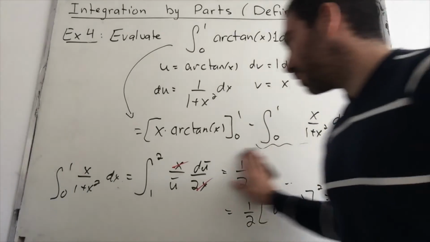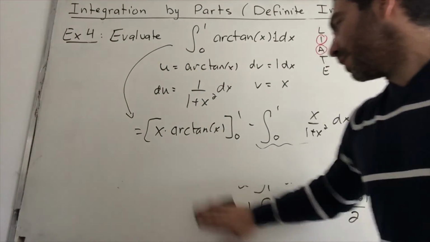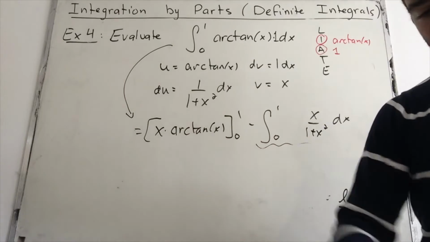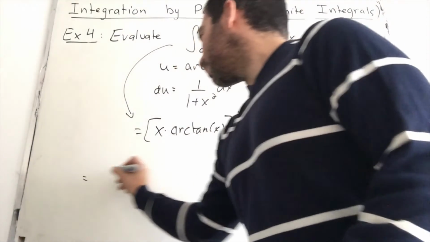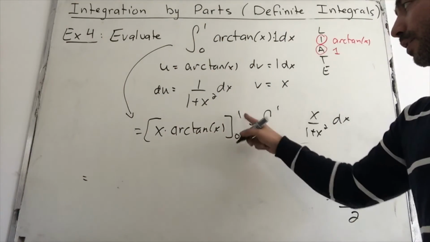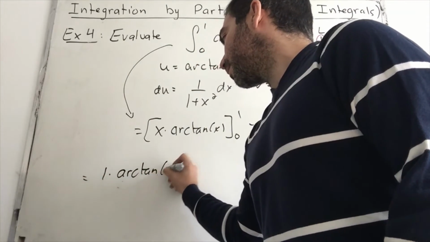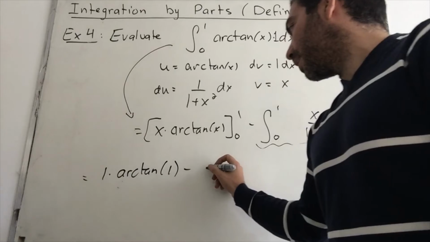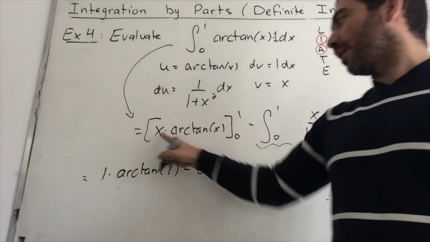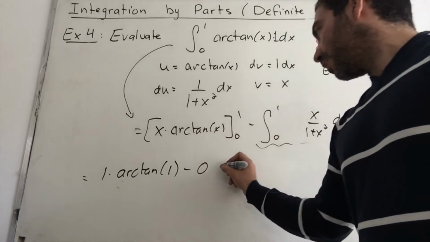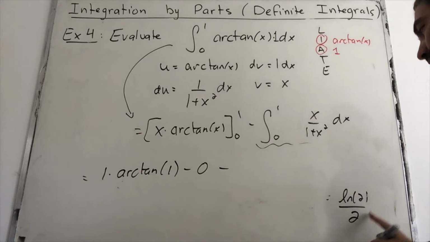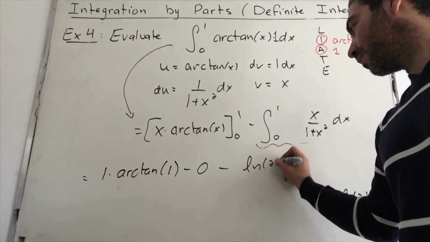Okay, so let's erase this. Again, this was done on the side. So this is equal to x arctan of x. We're going to substitute the 1. So 1 times arctan of 1 minus 0, because 0 times arctan of 0 is just 0. And then minus this piece here, we just solved for it. It gave us ln of 2 over 2.